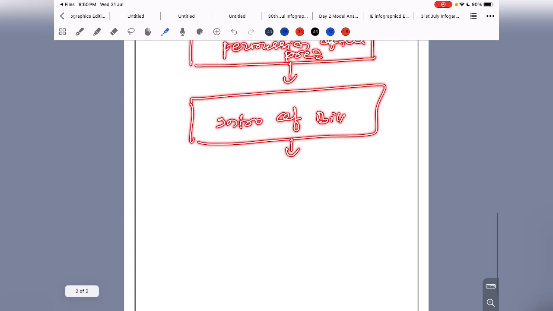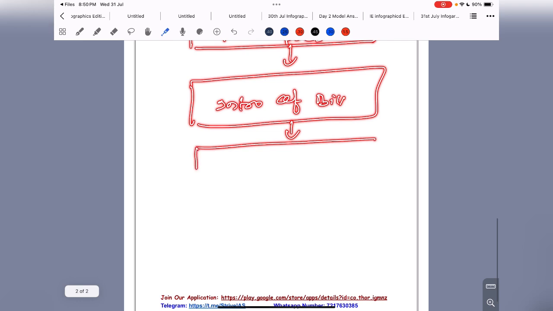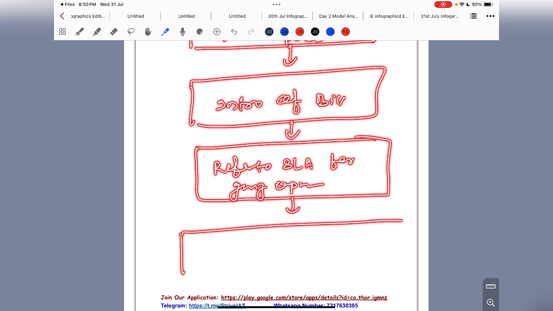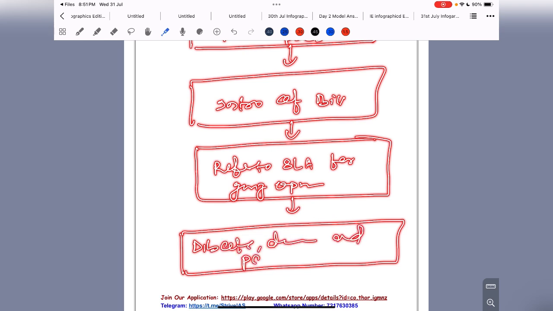Then after introduction of a bill, it is referred to the state legislative assembly for giving opinion. ठीक है, then debate, discussion and passage in parliament. ठीक है, then president's assent.